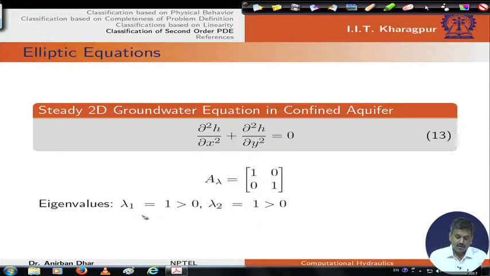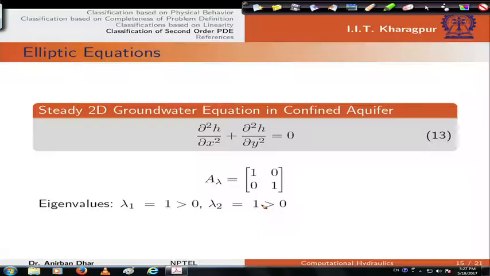If we find the eigenvalues, lambda 1 is 1, lambda 2 is 1. Both are greater than 0, that means they have the same sign and both are non-zero values. So, we can call this an elliptic equation.